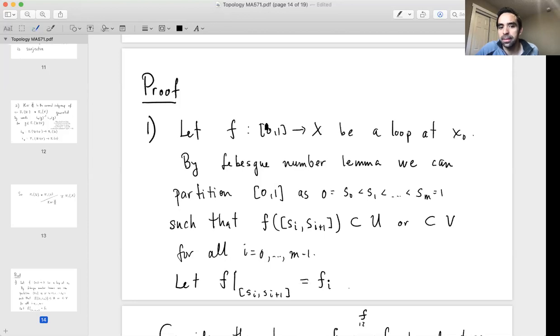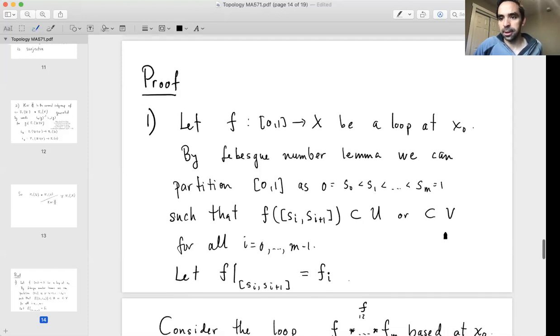So the Lebesgue number lemma tells us that since 0, 1 is compact and it's a metric space, you can always partition it into small enough intervals such that each interval lies inside the inverse image of U or the inverse image of V, which is exactly the same thing I've said here. Okay, so that's the use of the Lebesgue number lemma.